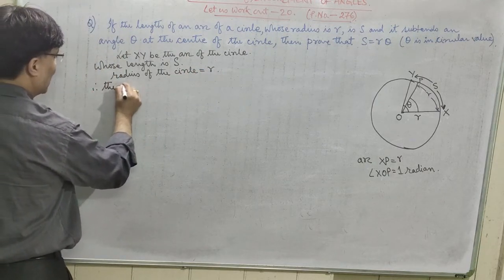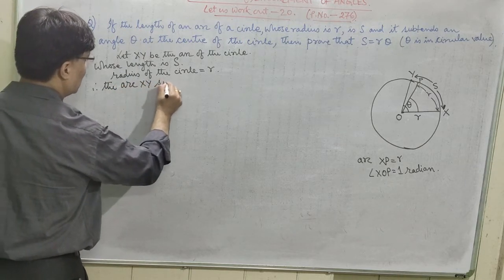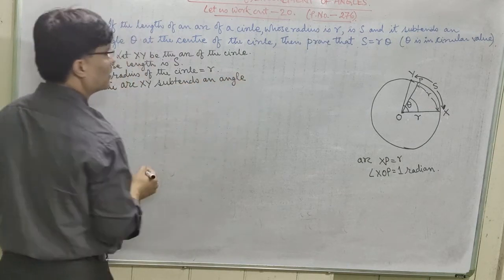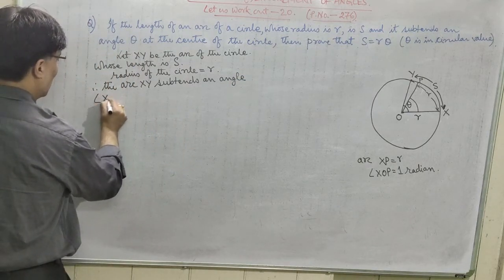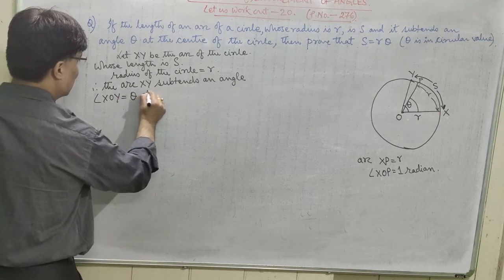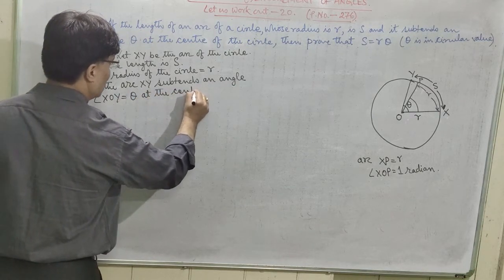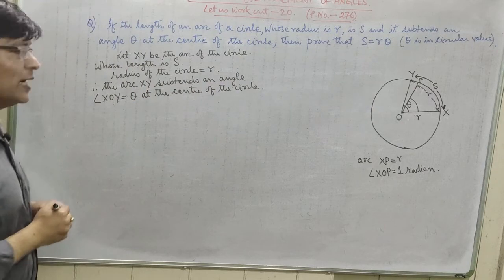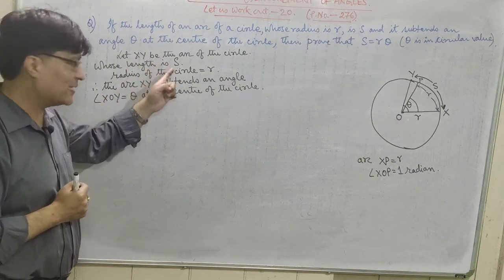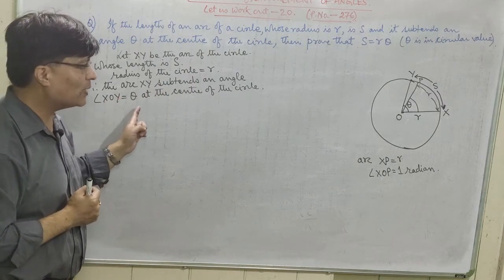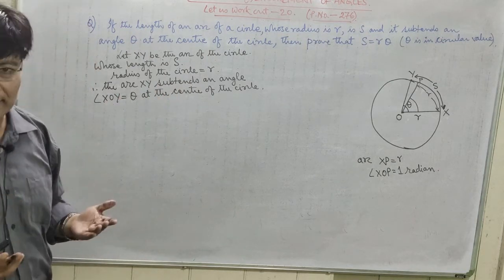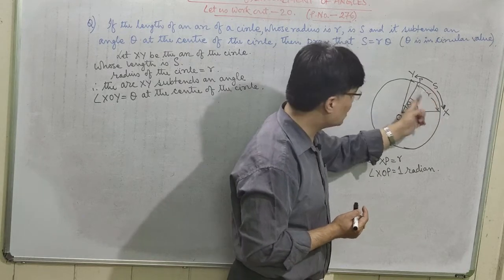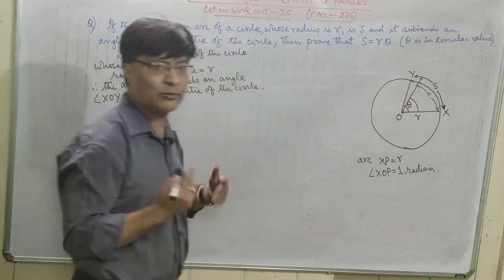Therefore, the arc XY, whose length is s, subtends an angle XOY equal to theta at the center of the circle. Is that clear?